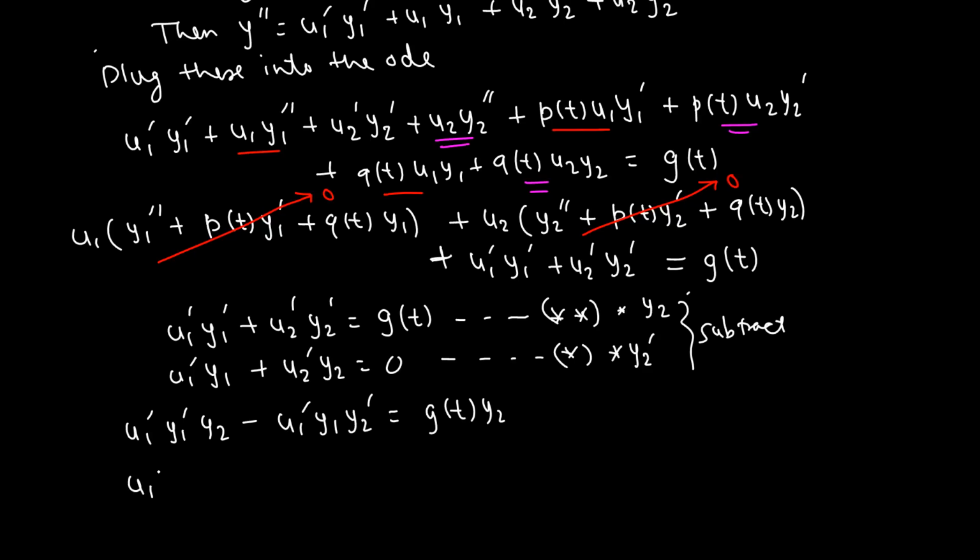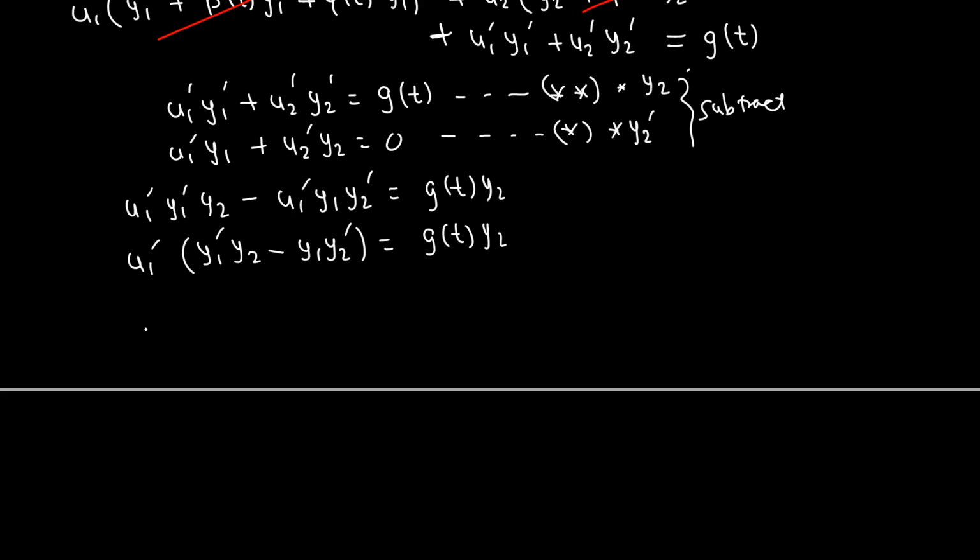Factor u1 prime out, then we have (y1 prime y2 minus y1 y2 prime) equals g(t) y2. Then u1 prime is equal to g(t) y2 over this y1 prime y2 minus y1 y2 prime.